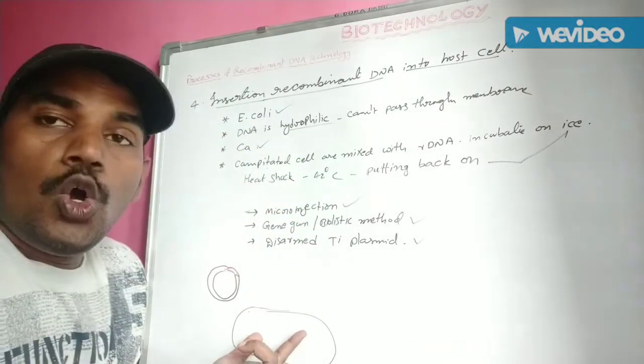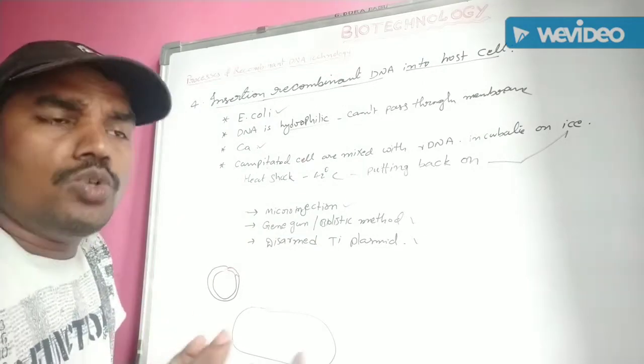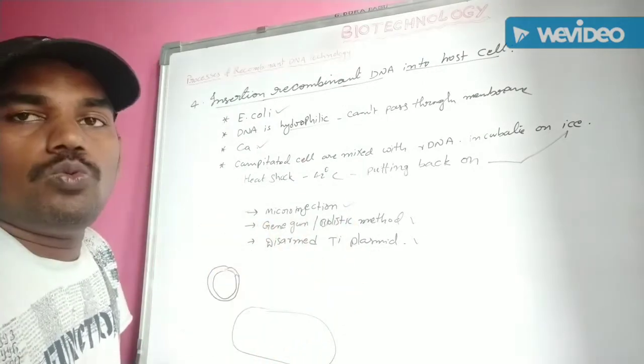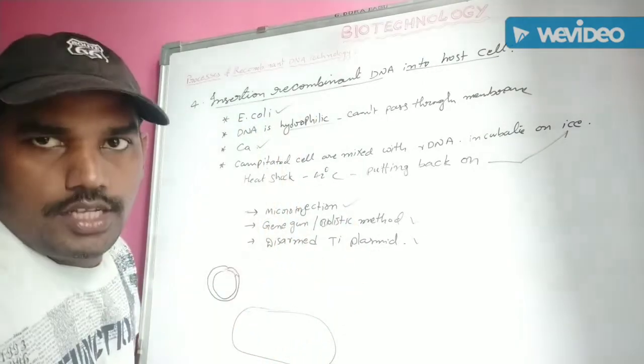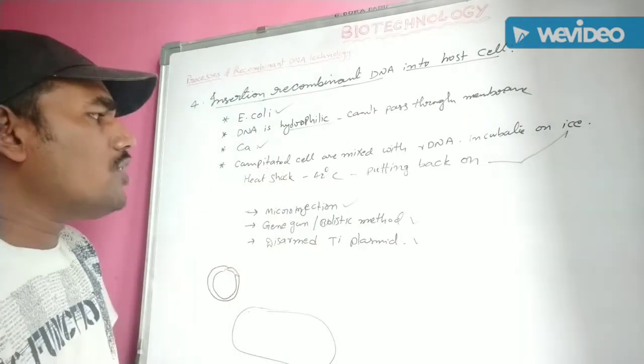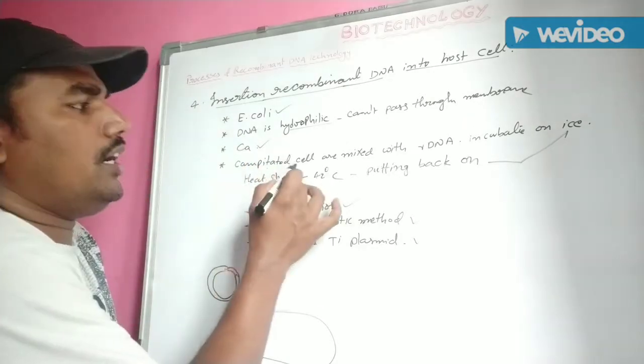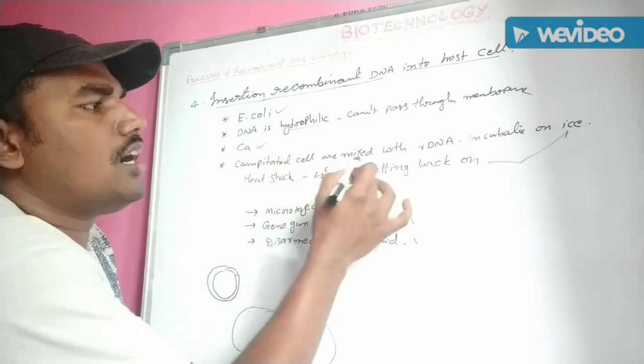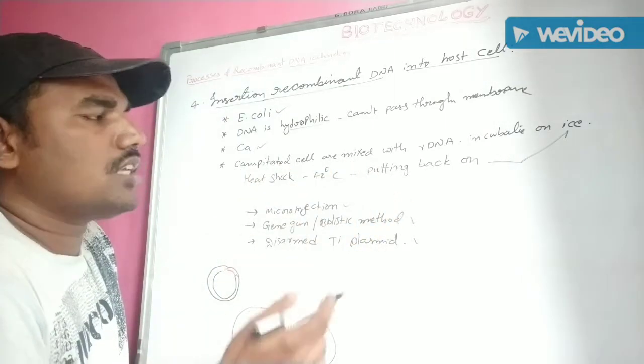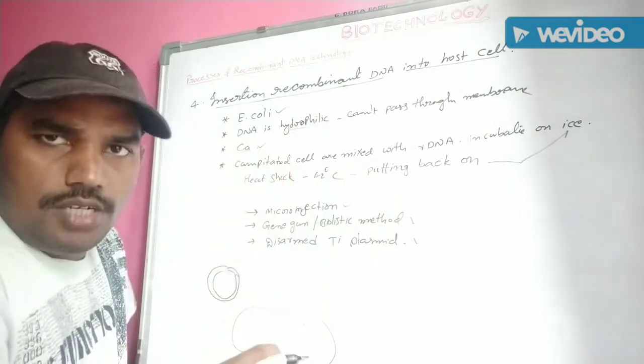Hence the host cells can be ready to allow recombinant DNA. First of all, the cell is made competent. Competent cells, these Escherichia coli cells, are made competent after being treated with calcium.